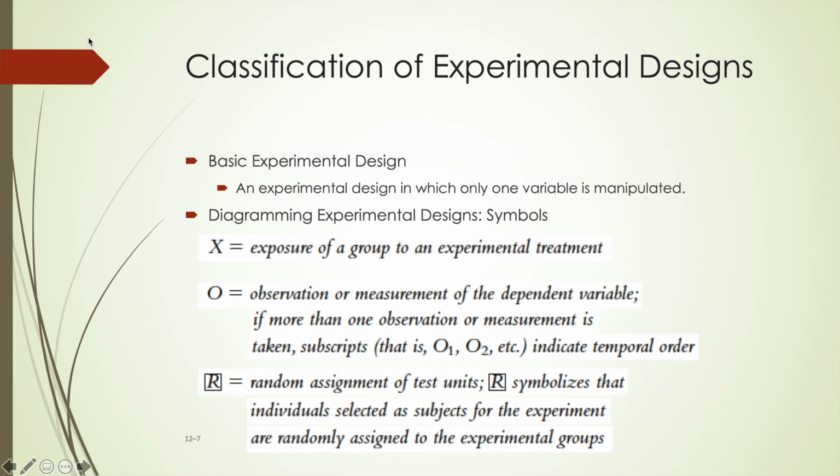O, observation, would be the dependent variable. And if you're making more than one observation, you see here you have O1, O2, and on and on. Now, R within the square represents that there is a random selection of these respondents or test units that you're going to be using.